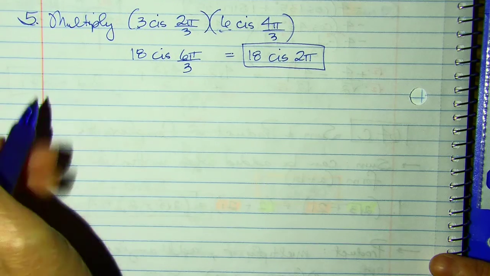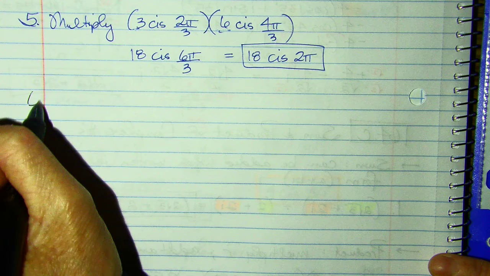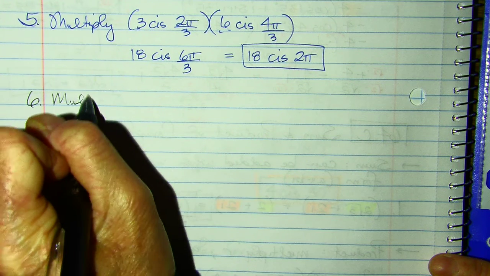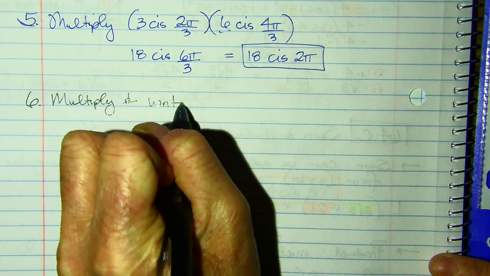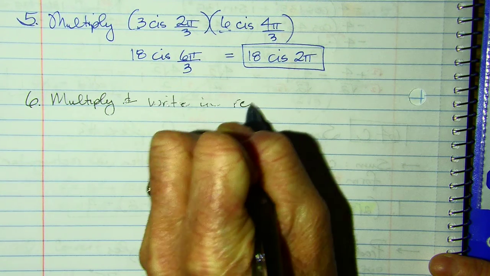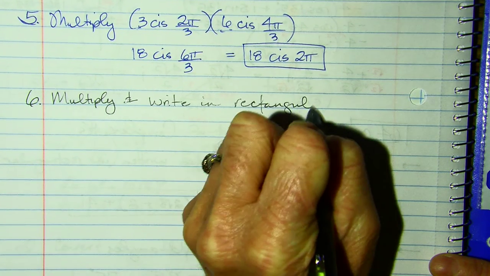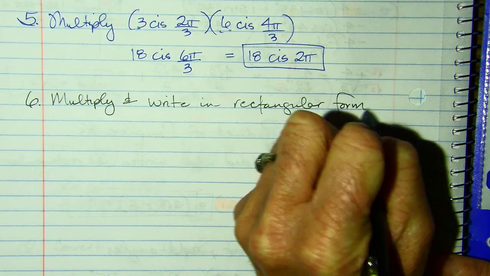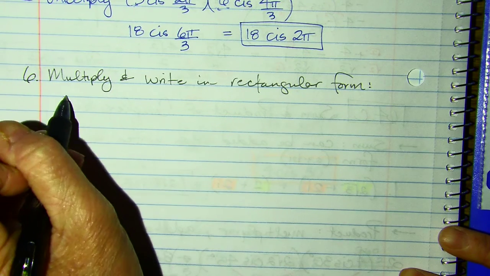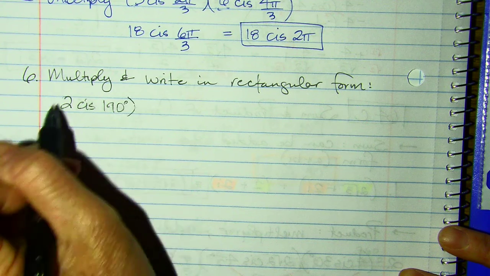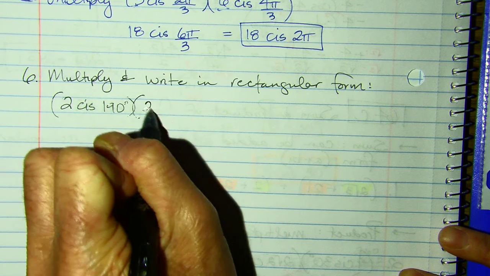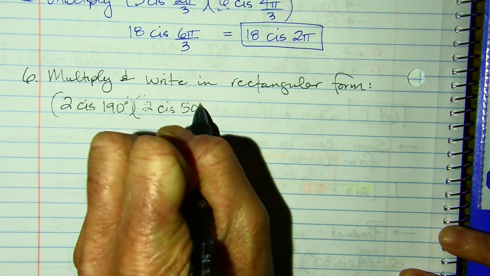All right, let's just review. So multiply and write in rectangular form. All right, so here we go. 2 cis 190 degrees times 2 cis 50 degrees.